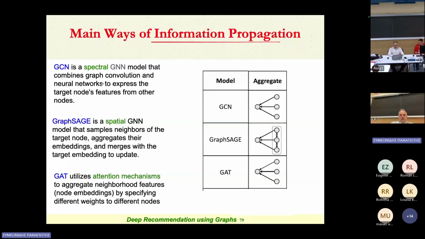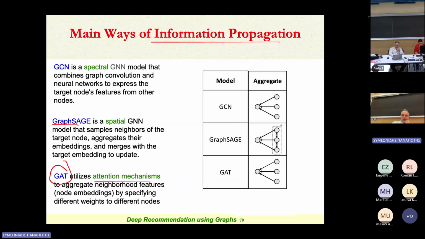And we have different methodologies. One which is used is GAT, which is like a whole family of mechanisms that utilize the attention mechanism to aggregate network features. Also, RecSys can be used.